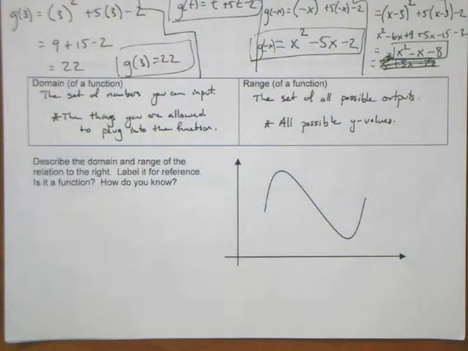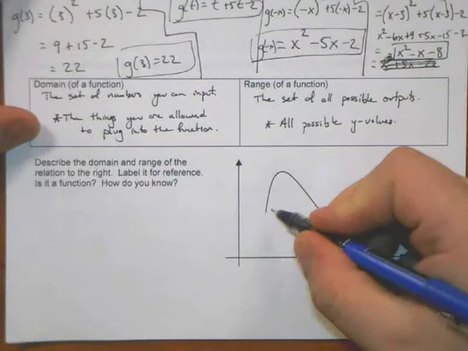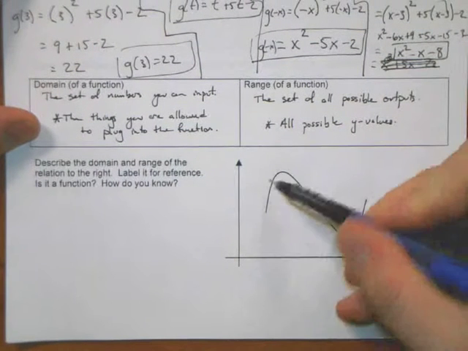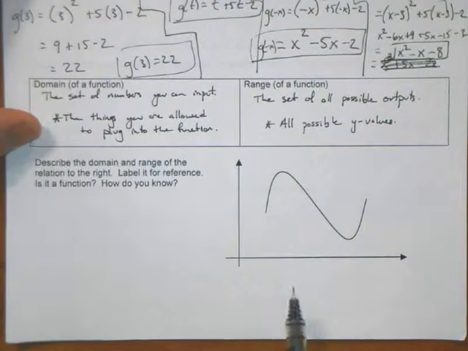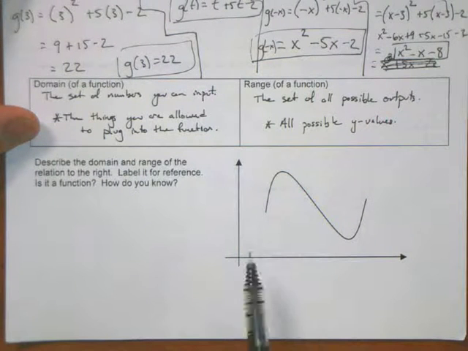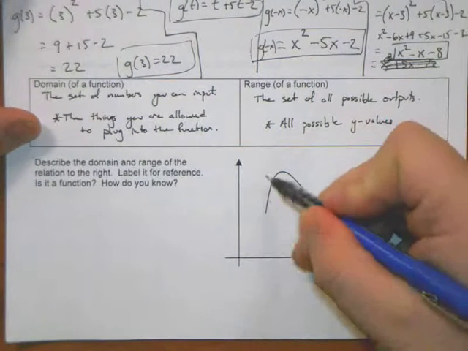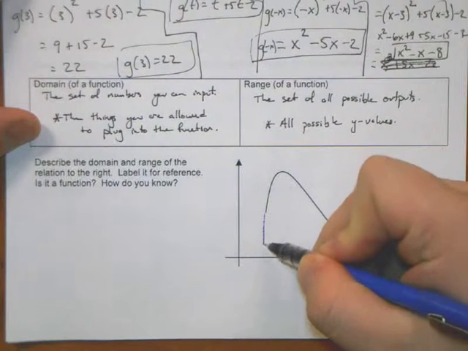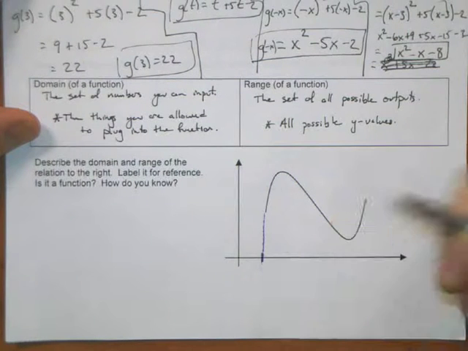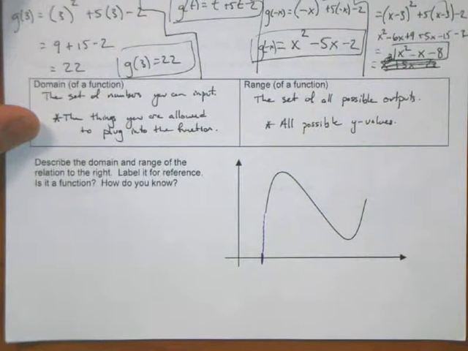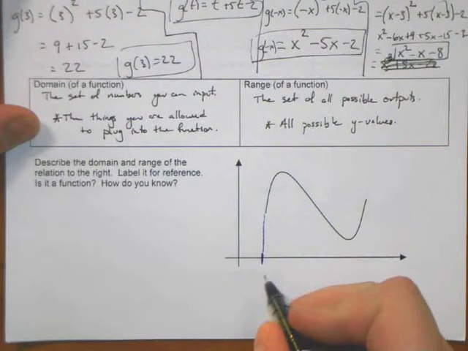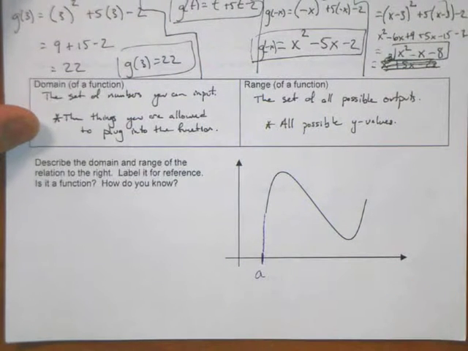So first of all, if I want to know what the domain is, I try to figure out what all the possible x's are. And this graph isn't even labeled. So even in the event of that, I can still find the farthest left x ever gets. And it looks like it's whatever this value is. I don't know, maybe I'll call that, how about A?